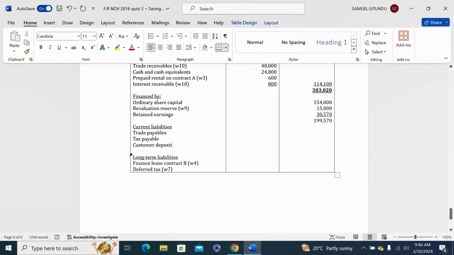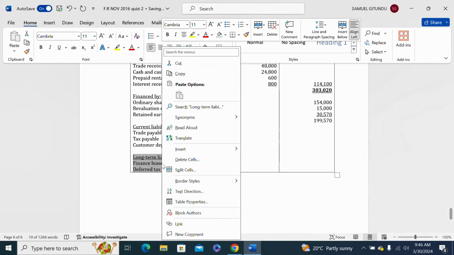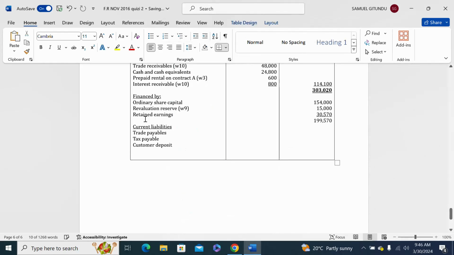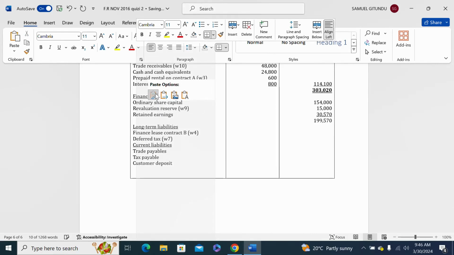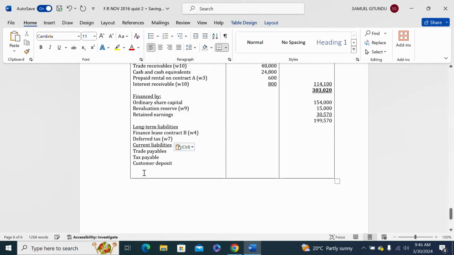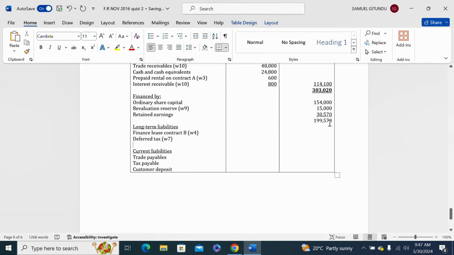Then we go to the long-term liabilities. Under the long-term liabilities, we have the finance lease.